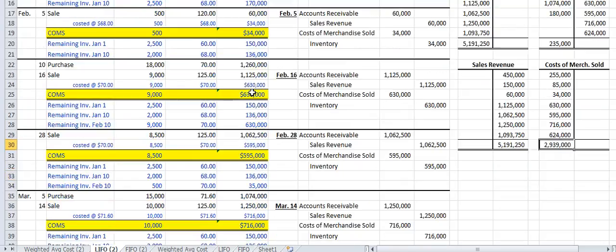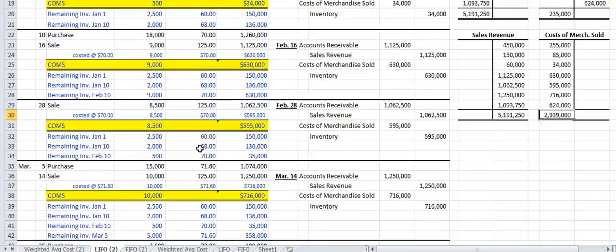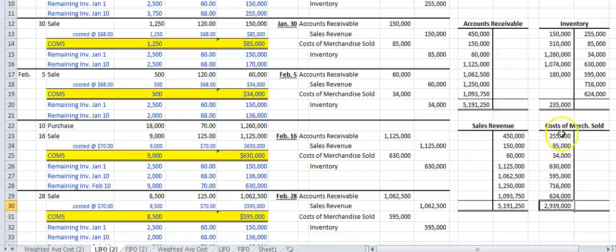And we could see that very clearly here. The last units we purchased at 72. And the first ones, I'm not even sure, were purchased at 60. So prices did go up. And so obviously cost of merchandise sold is going to be higher under that scenario.